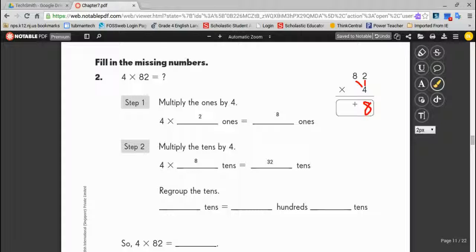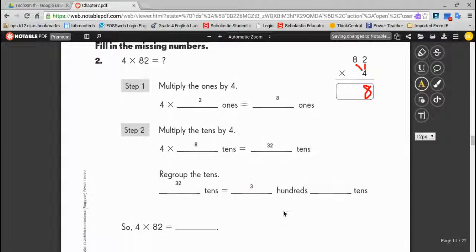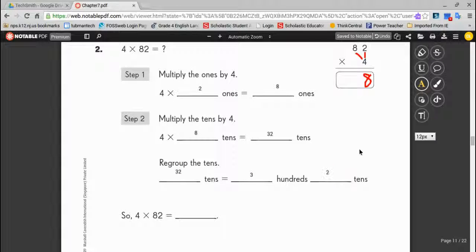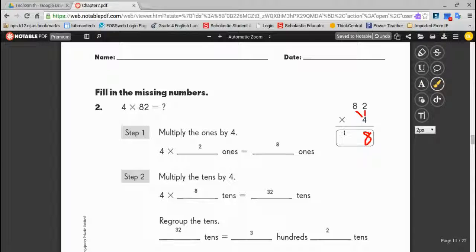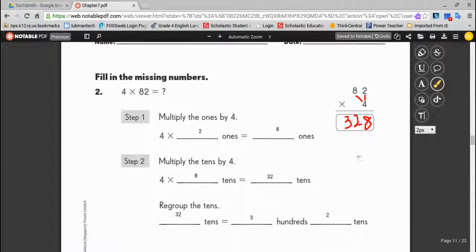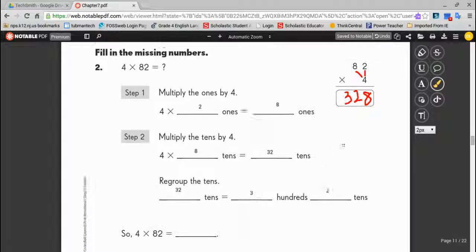So we have to regroup 32 tens, so I'm going to put that over here. So what we need to regroup is our 32 tens into 3 hundreds and 2 tens. And all we have to do is just write 32 like this, and therefore we're going to regroup that into our 3 hundreds and our 2 tens.